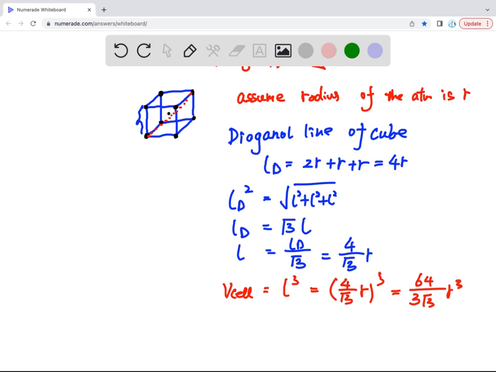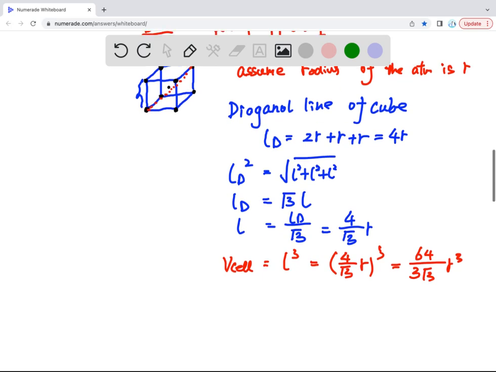And now we need to calculate how much space the atoms occupy. For the BCC structure, 8 corners has 8 atoms, but each atom is shared by 8 cubes. So that means at the corners, you have 1/8 times an atom, times 8. And the center is shared by only 1 cube, so plus 1. So that means you have 2 atoms in the unit cell.